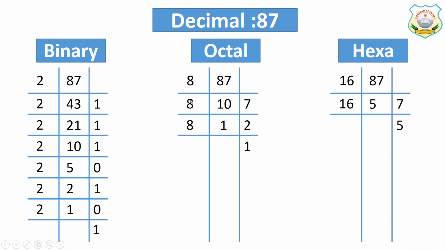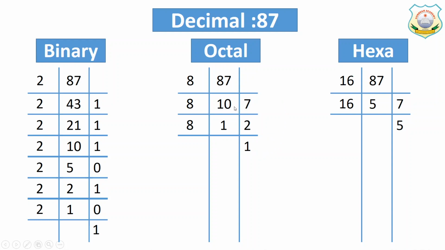Then this is 10, so I am going to divide it by 8, the remainder will be 2, this is not divisible, take it as it is. So the answer is 127. Most significant bit, least significant bit, 127. So if I convert 87 into octal, the answer is 127.